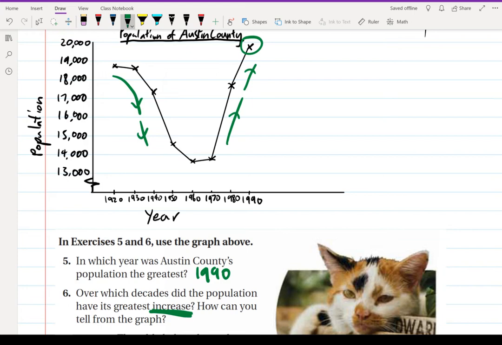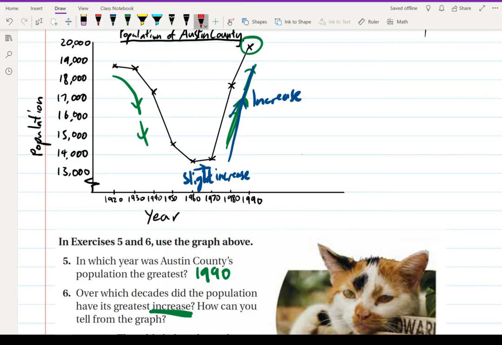And then over which decades did the population have its greatest increase? Okay, increase. So what do I mean by increase? This is the increase that I was talking about. And from which years? From 1960 to 1970, I wouldn't count it as too much of an increase. It's only a very slight increase, so that doesn't really count.